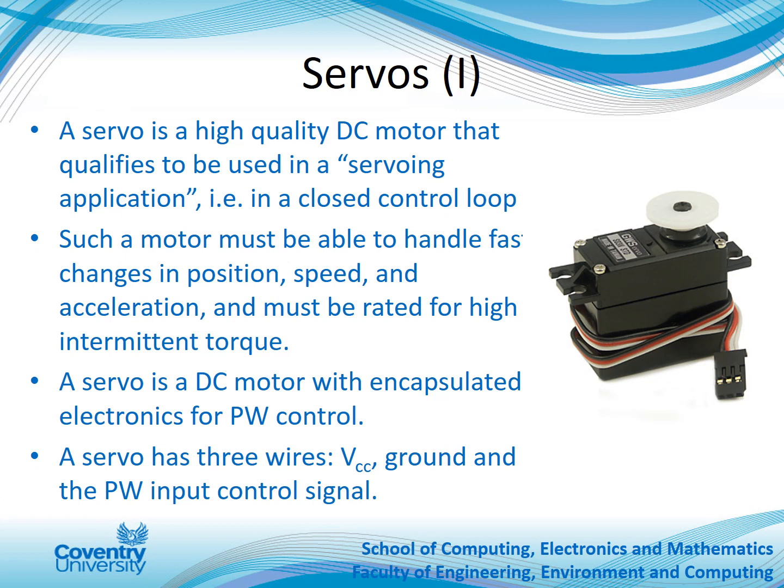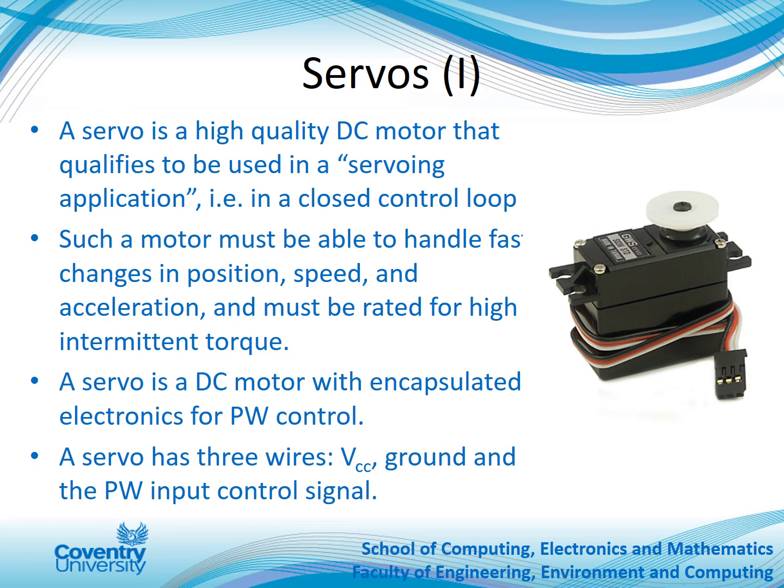It's a motor that must be able to handle fast changes in position, speed and acceleration, and must be rated for high intermittent torque. So you can use these to build things like robot arms, for example. And I've supervised projects in the past where students have actually built their own robot arm using servo motors such as this.